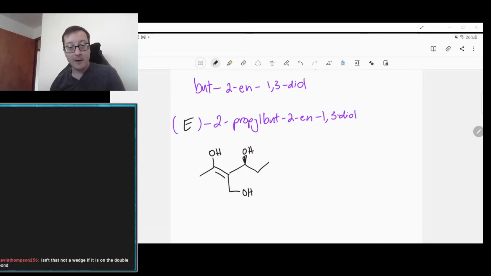Okay. Now we're going to have to name this nonsense. So we have 3 alcohols, but there's not really a way to put all of them on there. Right? We don't have a way to make one chain that has all 3 alcohols. So we're going to want to include the longest chain that has the most of them.